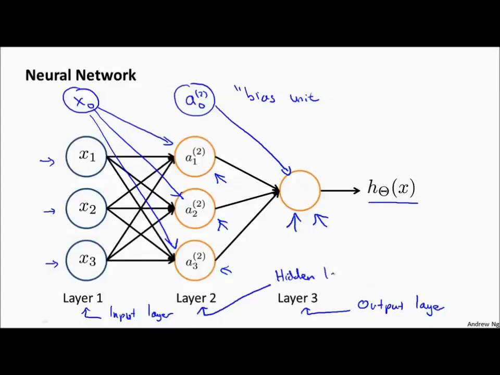The term hidden layer isn't great terminology, but the intuition is that in supervised learning, you get to see the inputs and you get to see the correct outputs, whereas the hidden layer values are ones you don't get to observe in the training set. It's not x and it's not y, and so we call those hidden. Later on, we'll see neural networks with more than one hidden layer, but in this example, we have one input layer, layer 1, one hidden layer, layer 2, and one output layer, layer 3. But basically, anything that isn't an input layer and isn't an output layer is called a hidden layer.